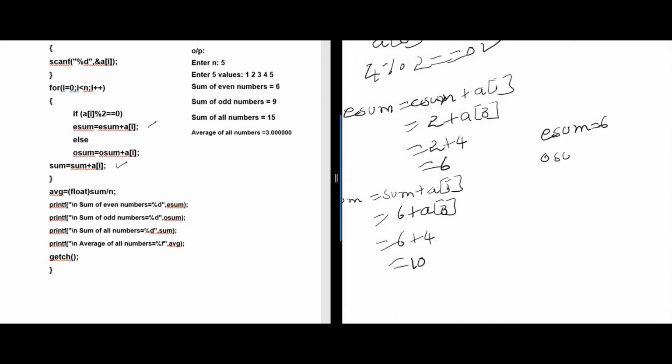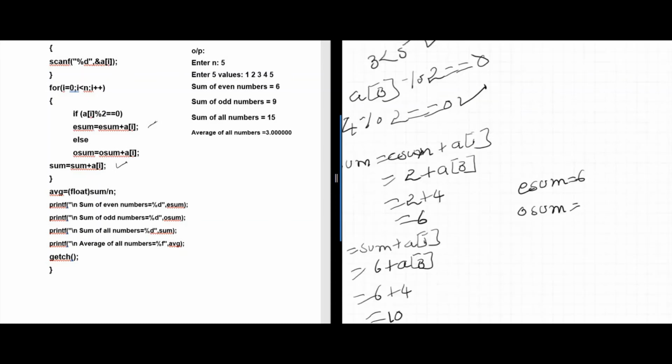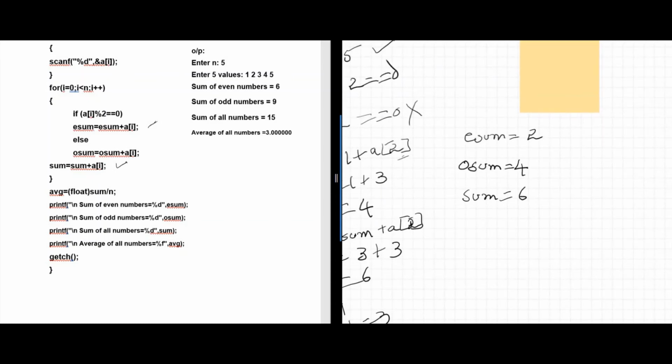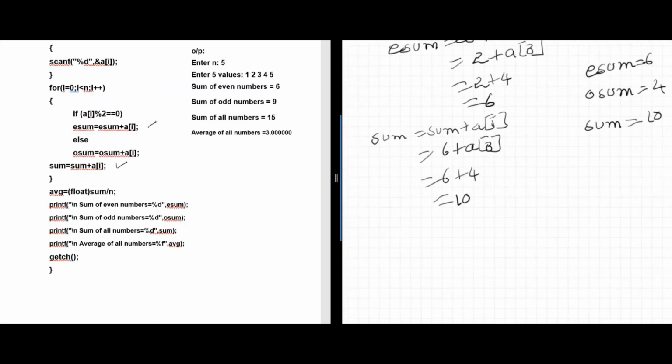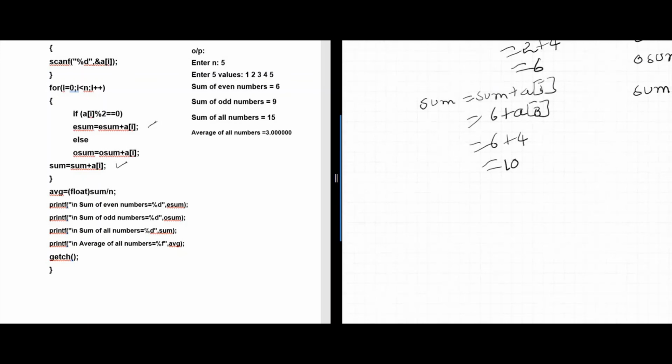So osum was 4 and will still remain 4, whereas sum has become 10. Now before going to the beginning of the loop, I increments by 1. So I is equal to I plus 1; the previous value of I was 3, and 3 plus 1 becomes 4.